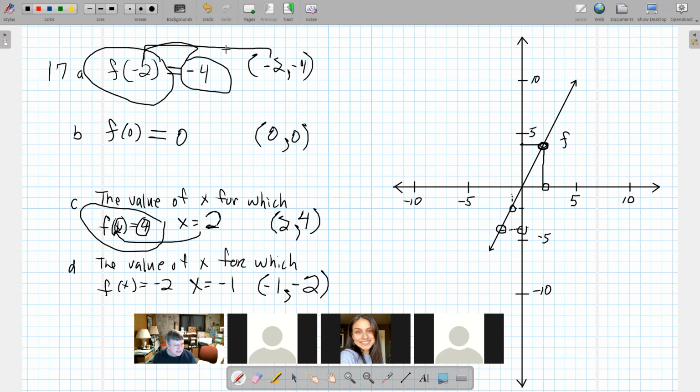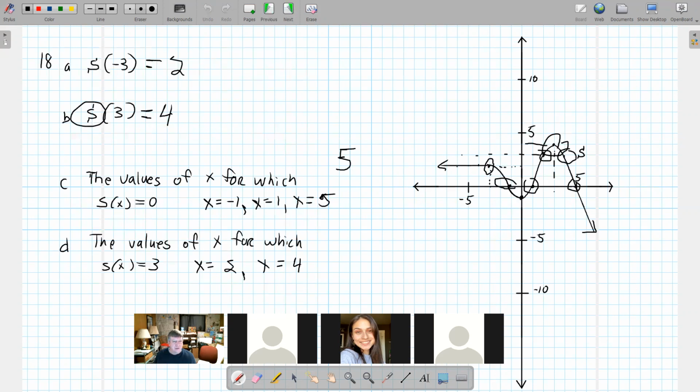Whatever's inside of the parentheses is always X, whether it's a number or X, right? Yes. It's the input. Now, this just says that we're dealing with a function f, whereas here, s, we're dealing with the function s. Okay. We okay?